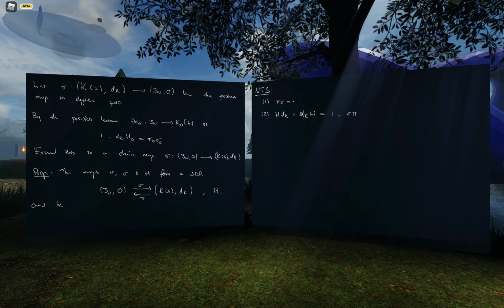So h is a homotopy between sigma pi and 1. And this is enough to show that this thing is a deformation retract. And then finally, we need to show that the deformation retract is strong, right? So that h squared is 0, that pi h is 0, and that h sigma is 0.